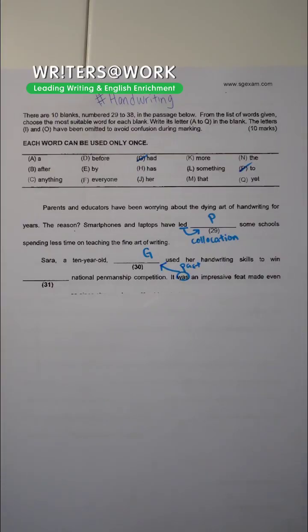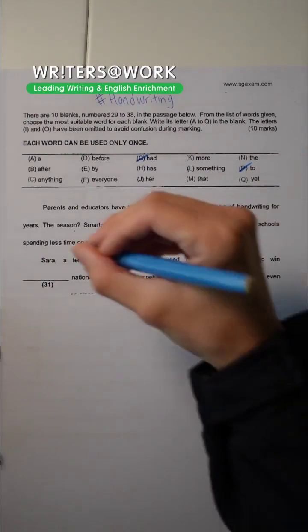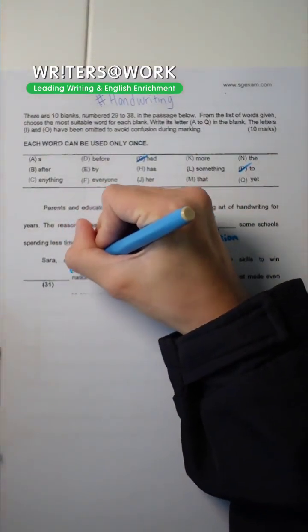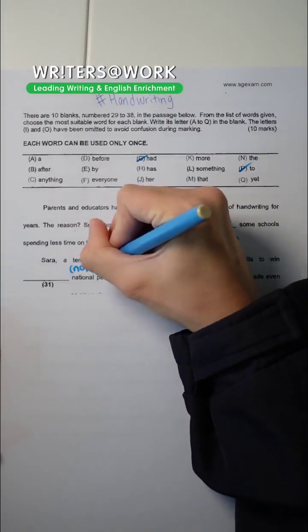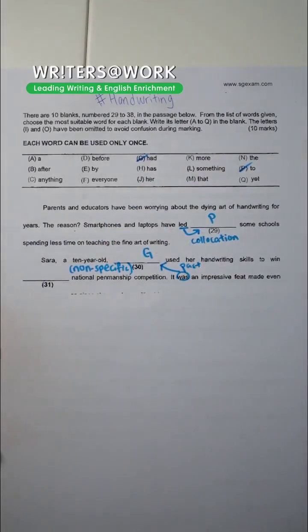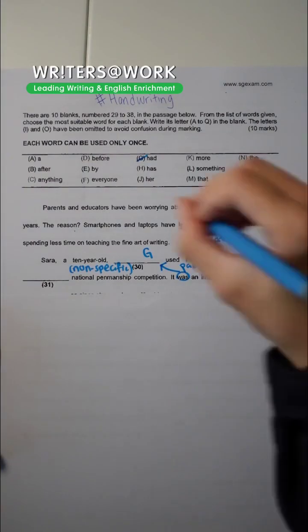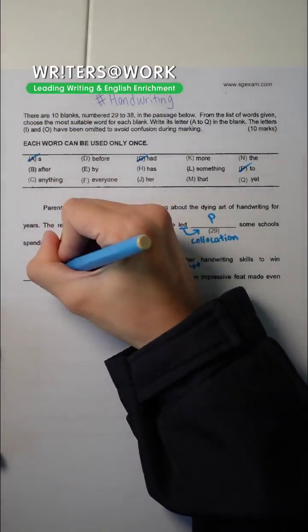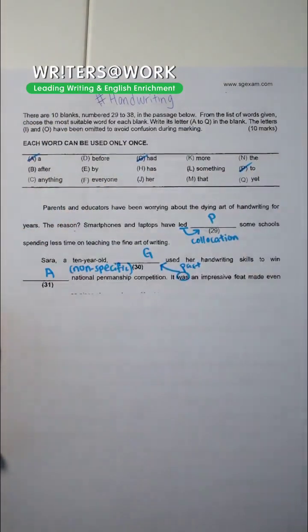In this case here, we're looking for an article for a non-specific event, right? Not a particular one, just one of the many competitions. So you should be looking for option A, a for a national competition.